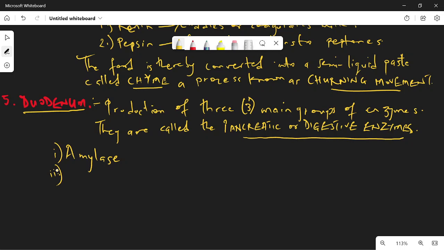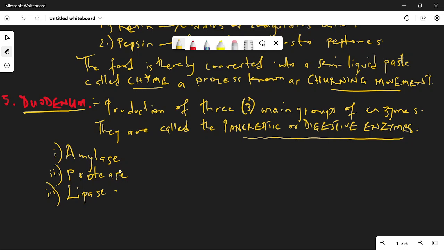The second one is trypsin, or let me be specific, the second one is a protease. And the third one is a lipase. So these are the three groups of enzymes that are produced in the duodenum. They are referred to as the pancreatic enzymes or the digestive enzymes.